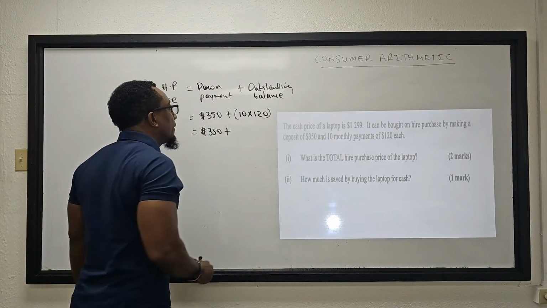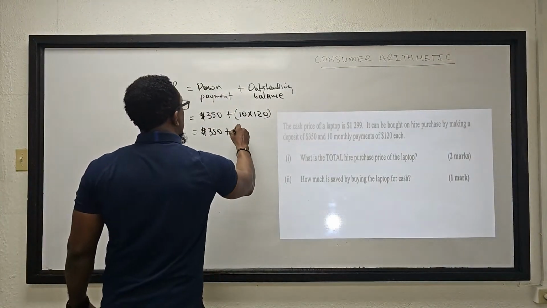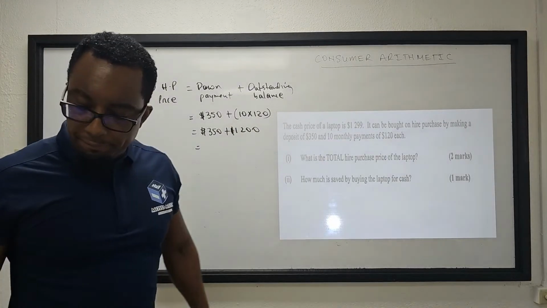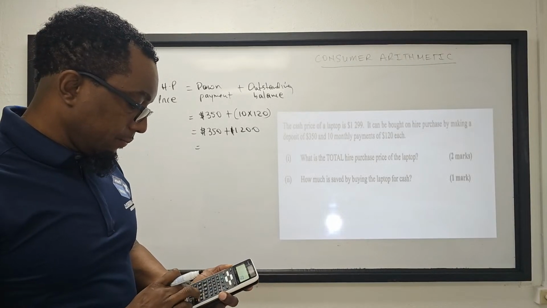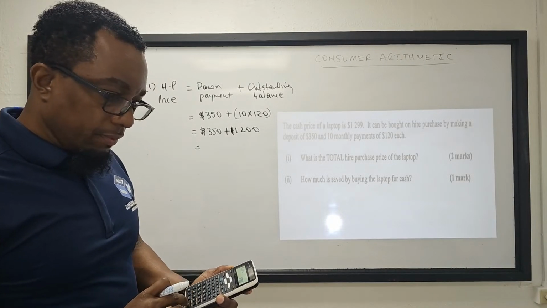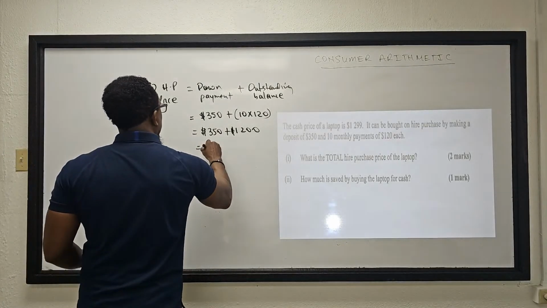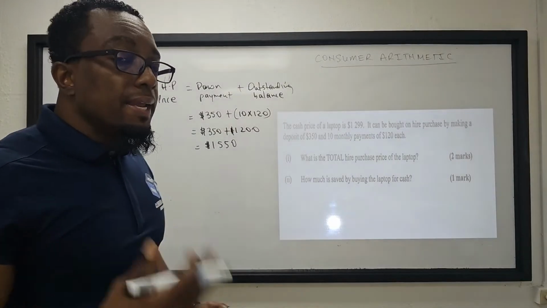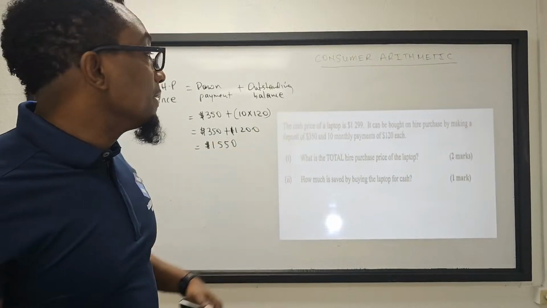That's $350, and 10 by 120 will be 1,200. And 350 plus 1,200 will give us $1,550. So that will be the hire purchase price. You see, it's more than the cash price.